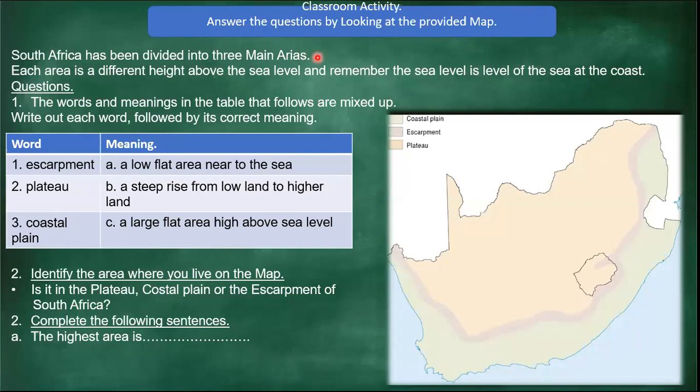No, that's not correct. Try again. Look at the map. It is the plateau. That's correct. Let's move to the next question.